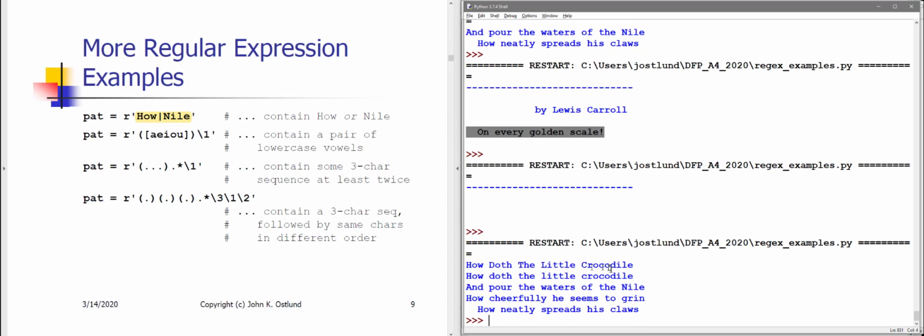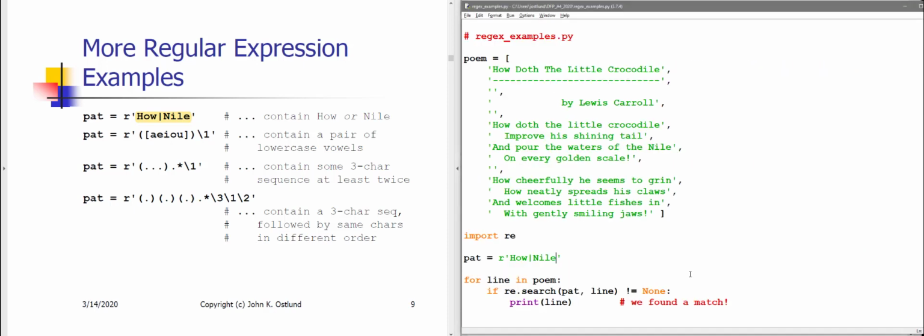Okay, so we have many lines that contain how with a capital H. 4 lines, in fact, that contain how with a capital H. And we've also got 1 line that contains Nile with a capital N. So we got a total of 5 lines that match that pattern. I want to point out that the vertical bar here has low precedence.